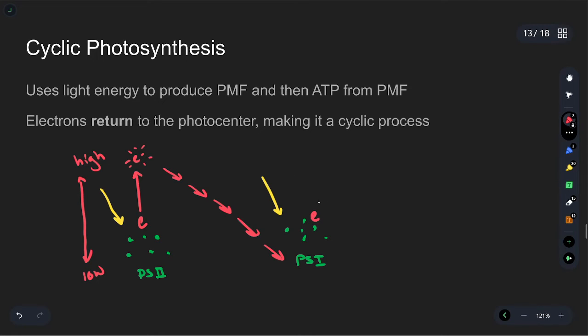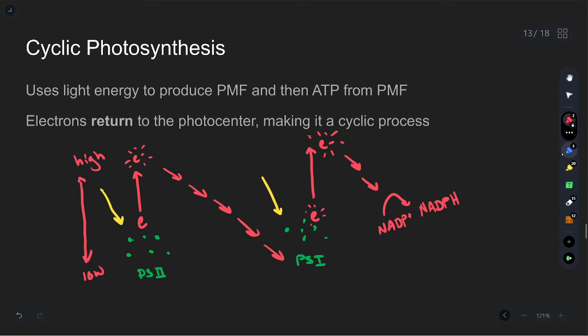So it's back to being low again. When light hits the electron, it absorbs those photons, makes it excited once more, goes through the second leg of the ETC to make NADPH. This was what we learned about in non-cyclic photosynthesis, right?